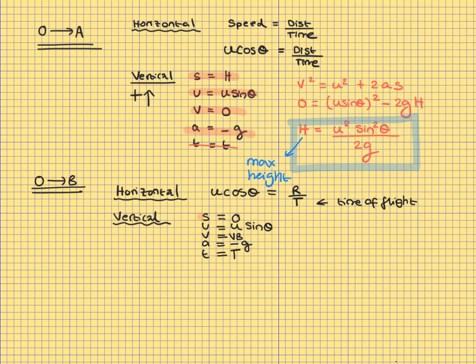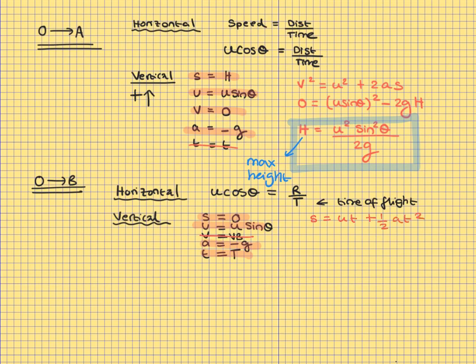So this time we are going to focus on these 4 values, excluding the final velocity, and this then leads us to use s equals ut plus a half at squared.